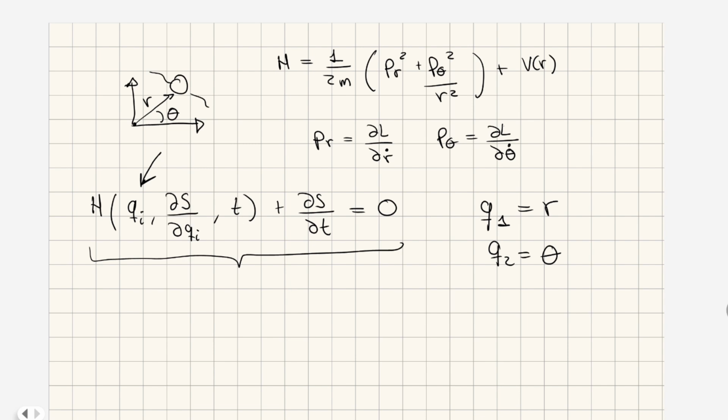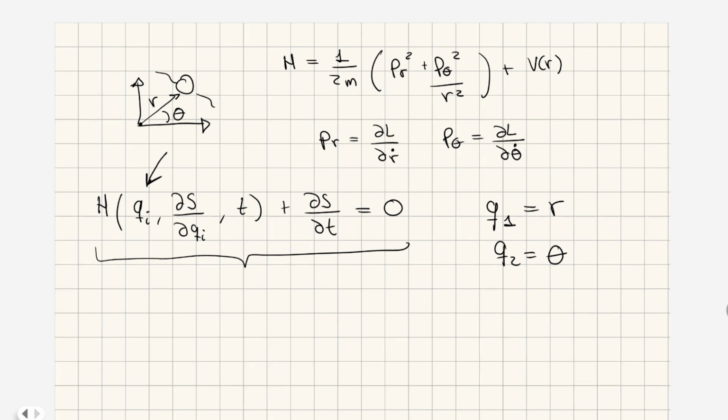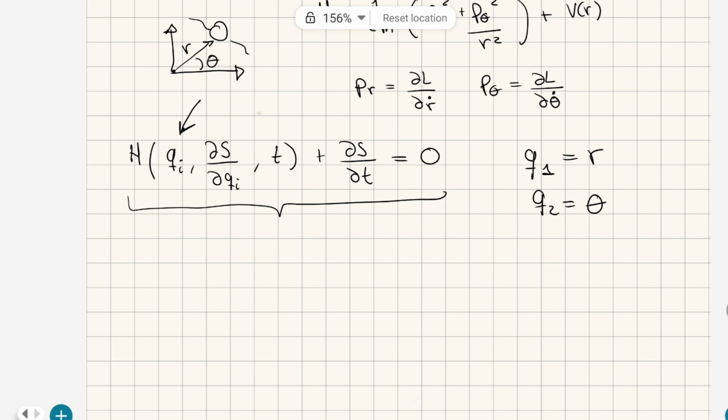explicitly in the expression. So what we are going to do in this case is just substitute these values of p for the r variable and the theta variable. We are going to substitute these values with the derivative of S with respect to the corresponding variable.